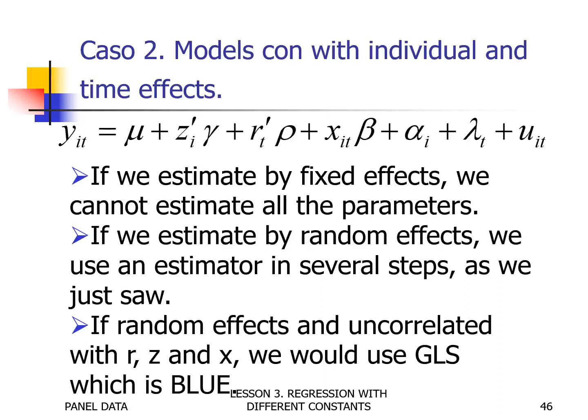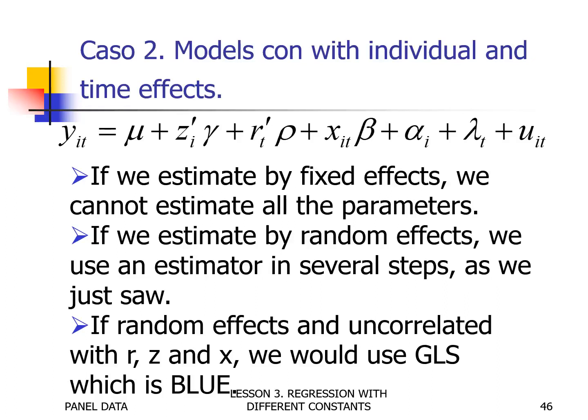You have lambda_t and r prime sub t. Those are things that change only over time. They don't change across individuals, only over time.